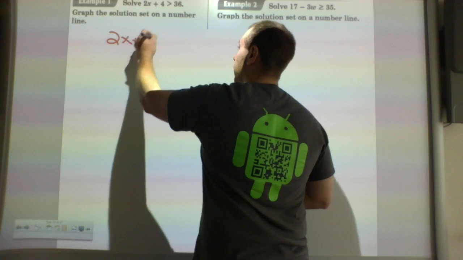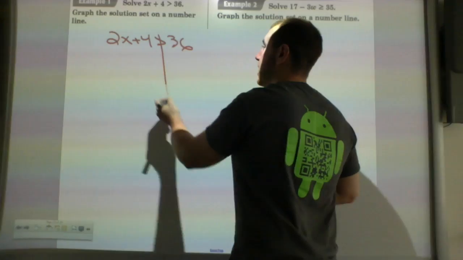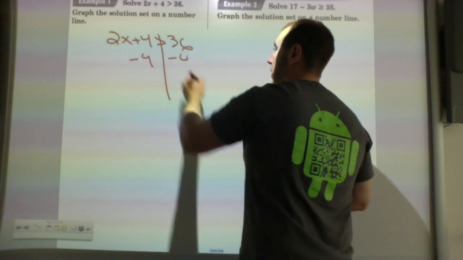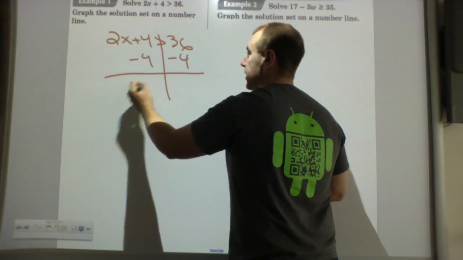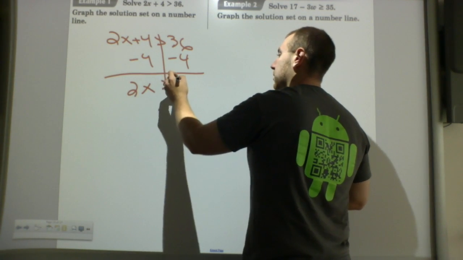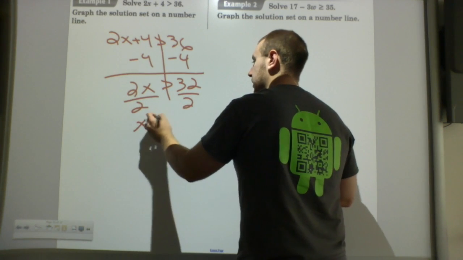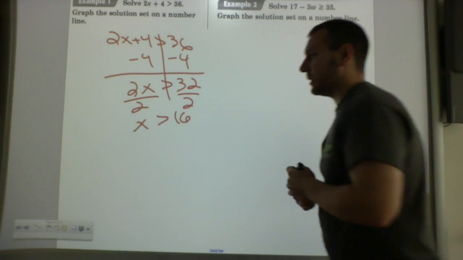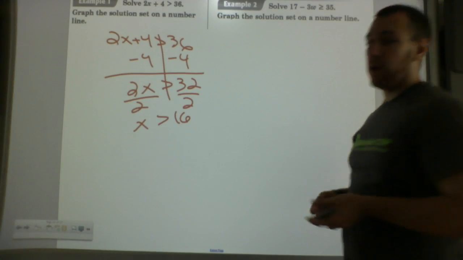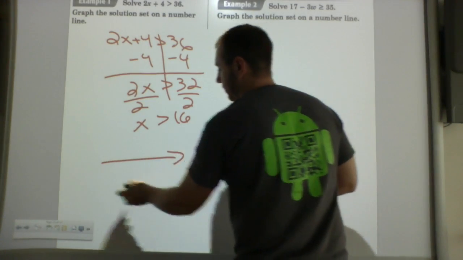Now, 2x plus 4 is greater than 36, I can solve this the normal way by subtracting 4 on both sides and dividing by 2. X is going to be greater than 16. Now I can draw a number line.